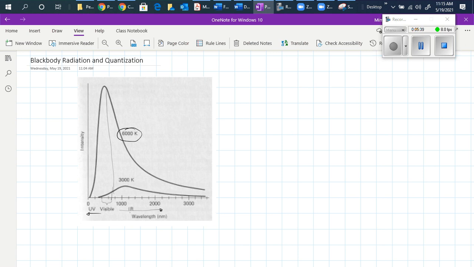Since heat is manifested as a faster, more violent vibration of the atoms in the object, the frequency of the radiation emitted by a hot object should increase as the temperature increases. But an application of those ideas did not work.